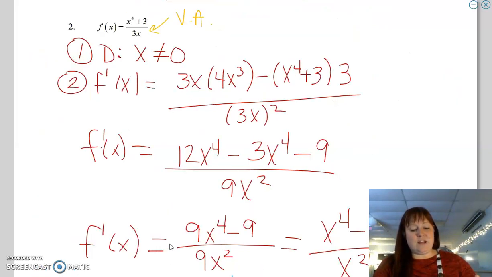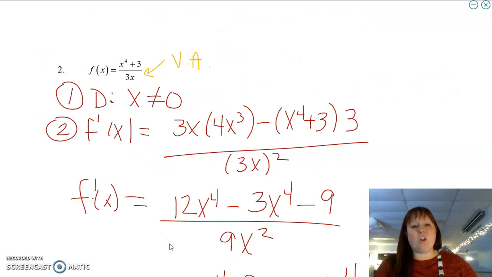What else is undefined? Our function is undefined at 0. So x equals 0 can't be a critical number because our function doesn't exist there. So remember, for it to be a critical number, our function has to exist, and the derivative has to either be equal to 0 or undefined. So since our function doesn't exist there, it's not a critical number, okay?